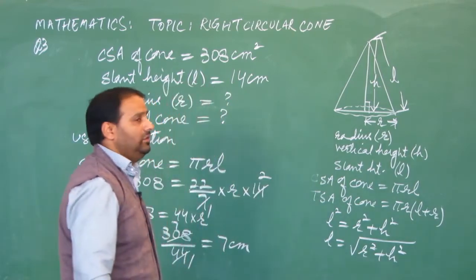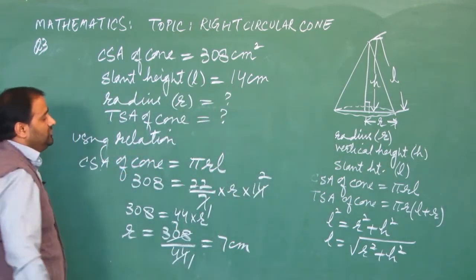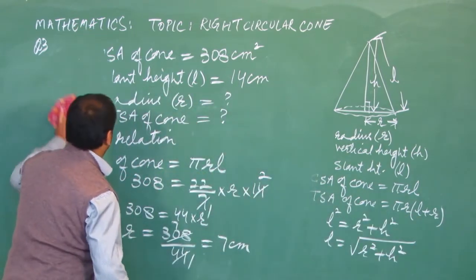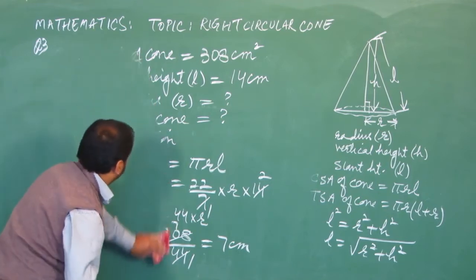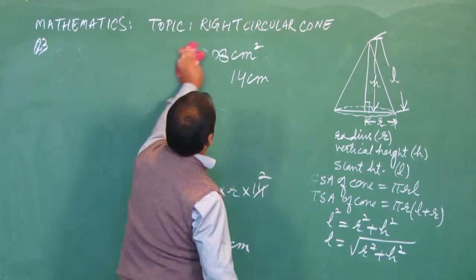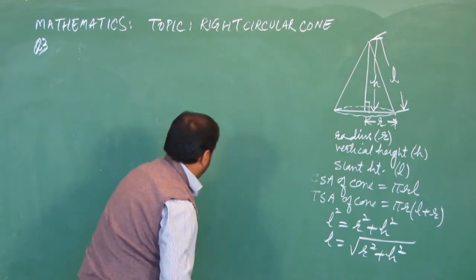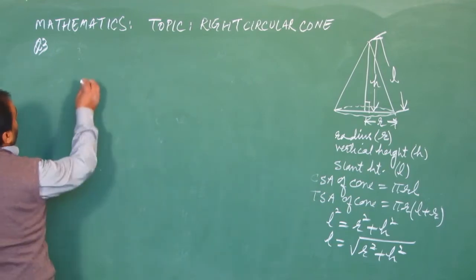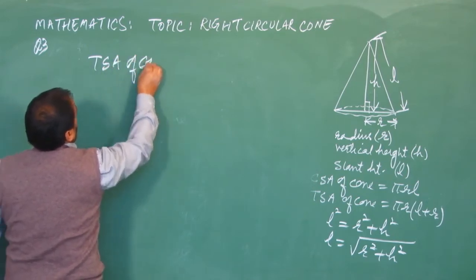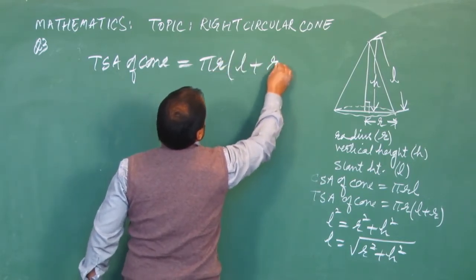Now we can use the formula for finding the total surface area of the cone. We know the total surface area of the cone is pi r into L plus R, where L is the slant height.